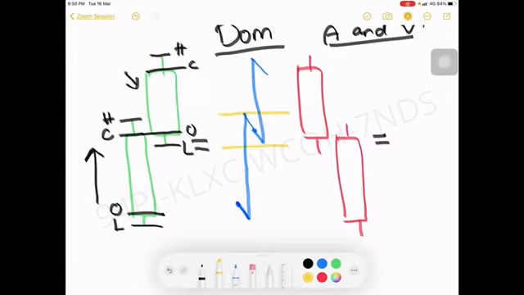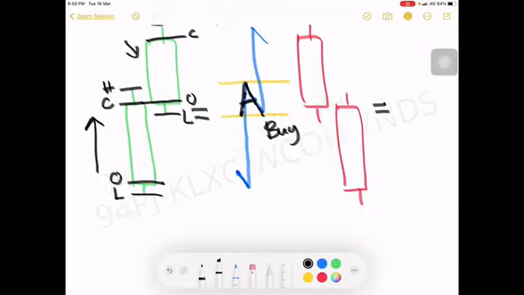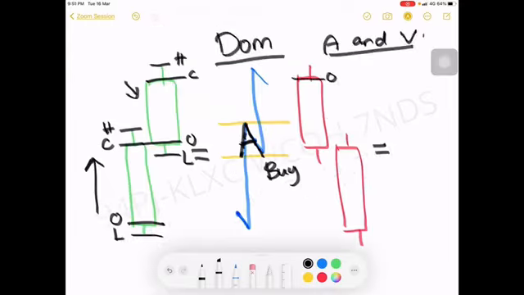Same goes with this one. If it wants to go down, what does it have to do first?